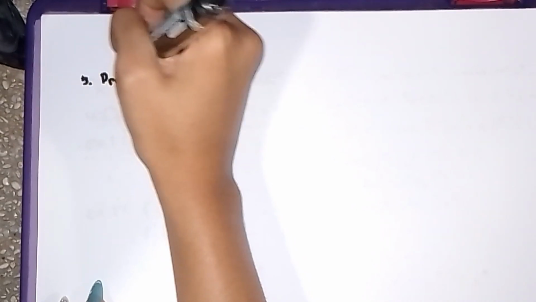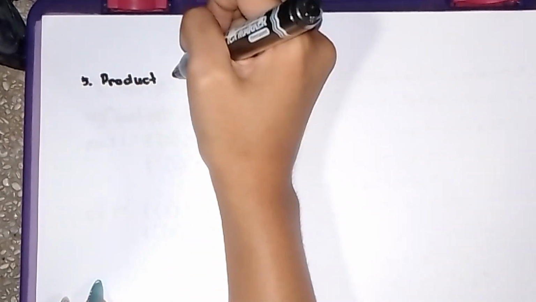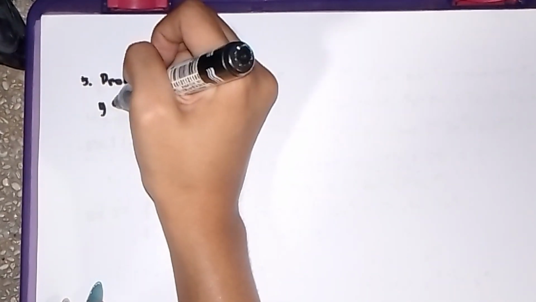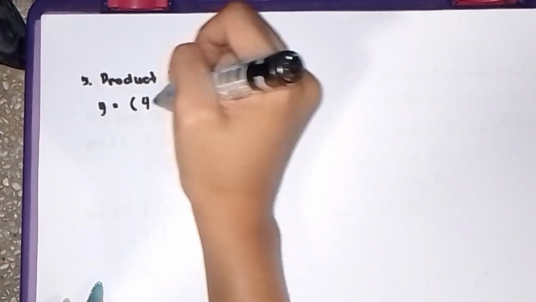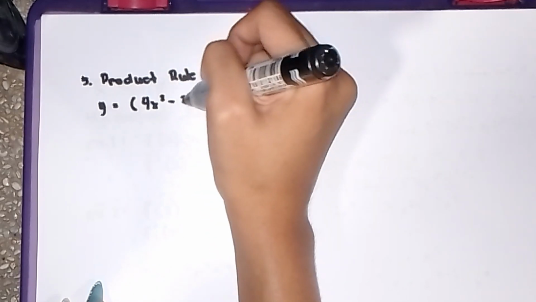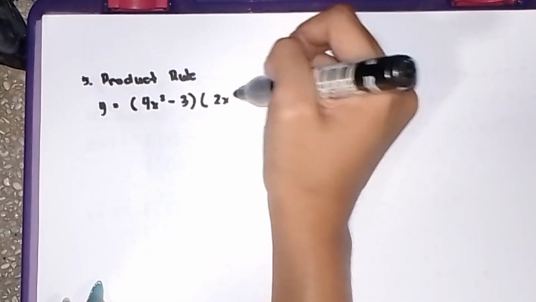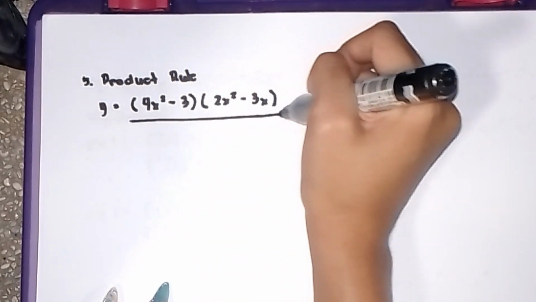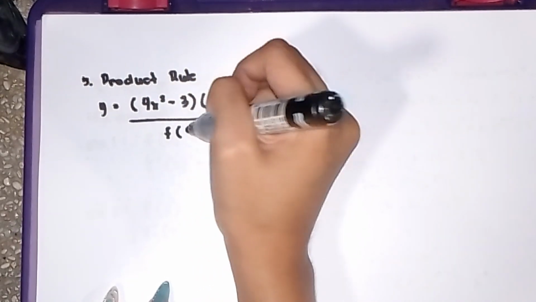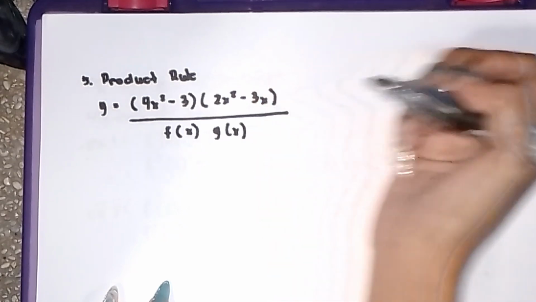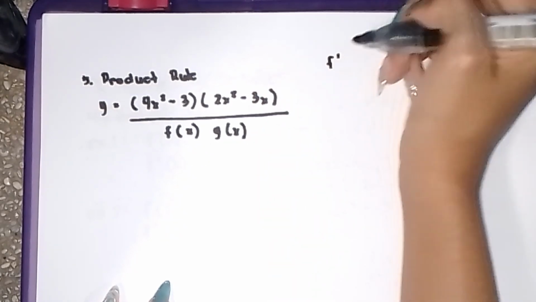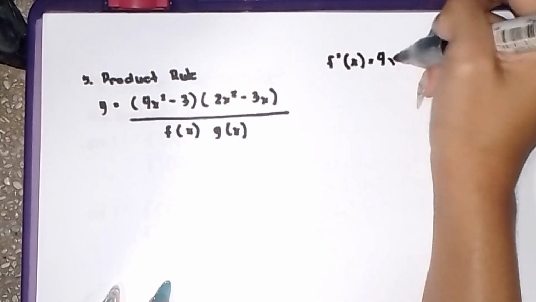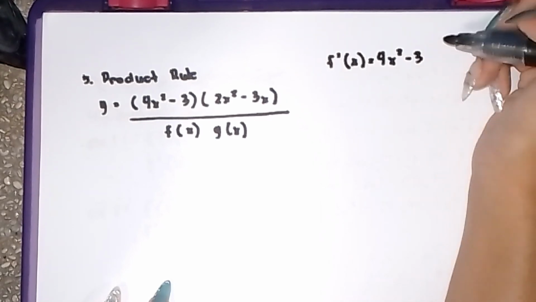Let us now move to the fifth rule, which is the product rule. For example, we have y equals 4x squared minus 3 times 2x squared minus 3x, which are f of x and g of x. In the product rule, we need to find the derivatives of f of x and g of x.